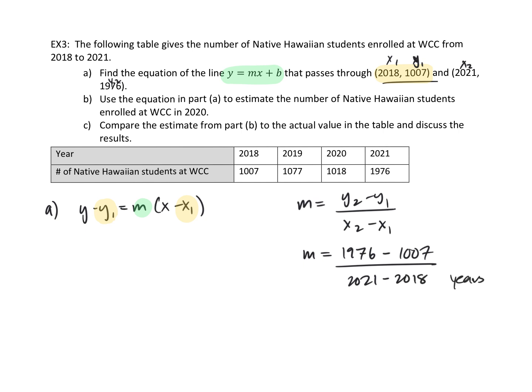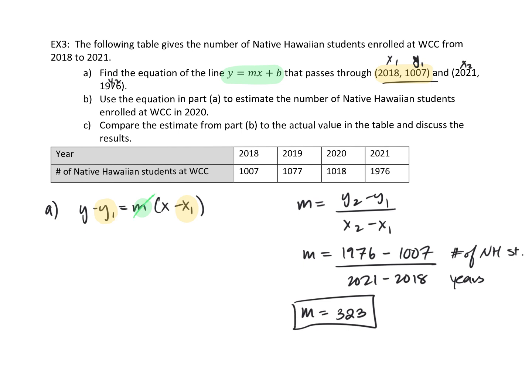This is looking at years, and this is looking at number of Native Hawaiian students. So what would I get? I'm going to plug this in my calculator. So the slope is going to be 323 over 1, technically.